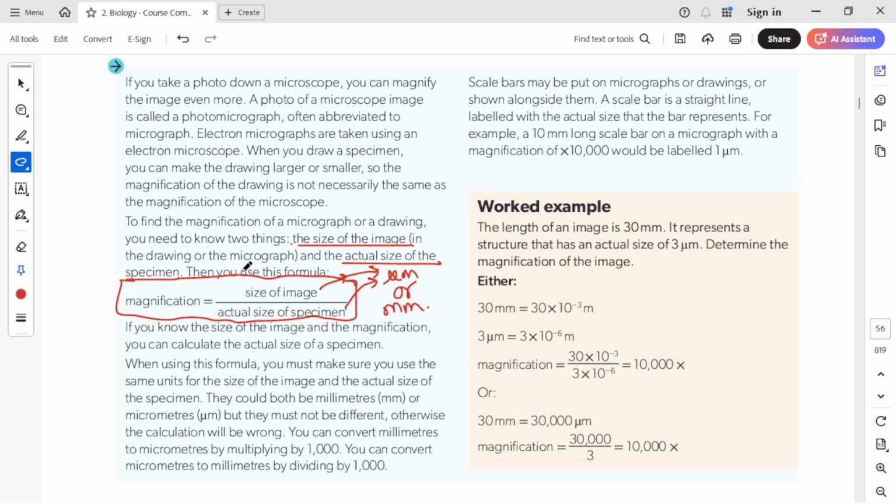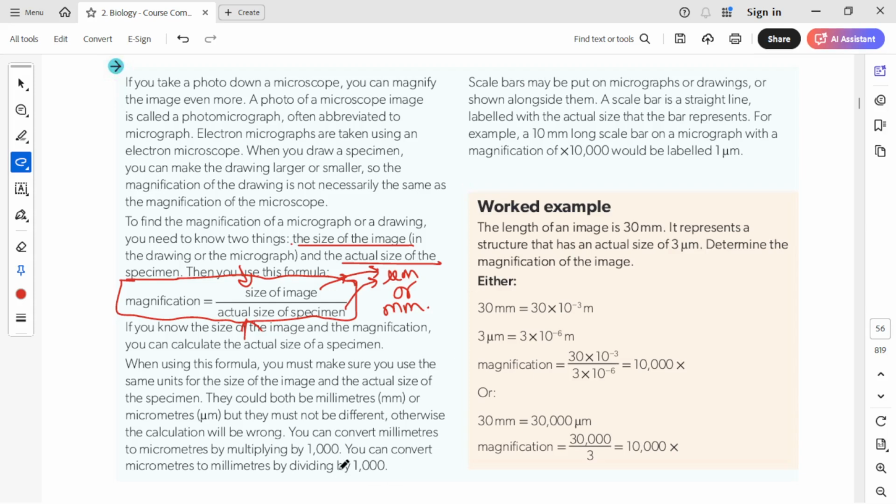So both should be the same units, just keep that in mind. If your size of image is given in millimeters and actual size of specimen is given in micrometers, then convert millimeters into micrometers and then do the calculations, otherwise your answer will be wrong.